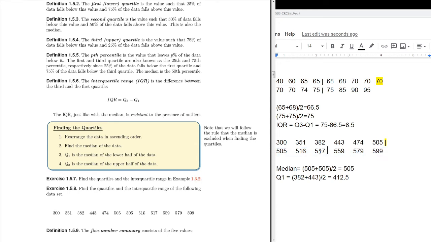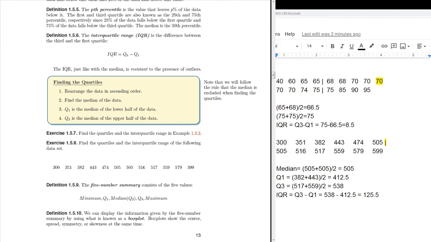Since we have 6 values, we will take the average of the middle 2. So the third quartile is going to be 517 plus 559 all over 2, which gives us 538. Then the interquartile range will be the difference between Q3 and Q1. So we have 538 minus 412.5, and this is 125.5.